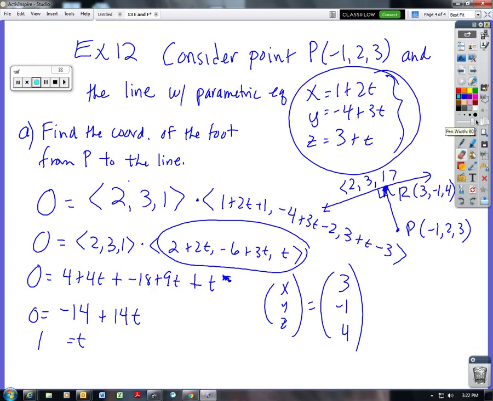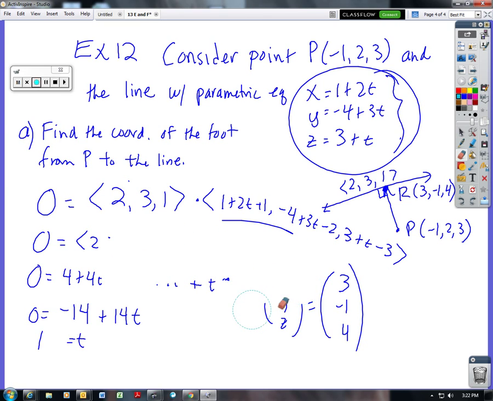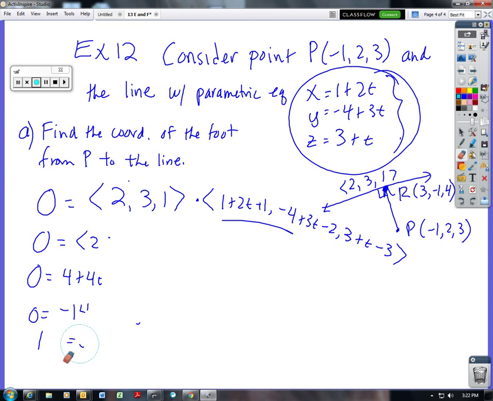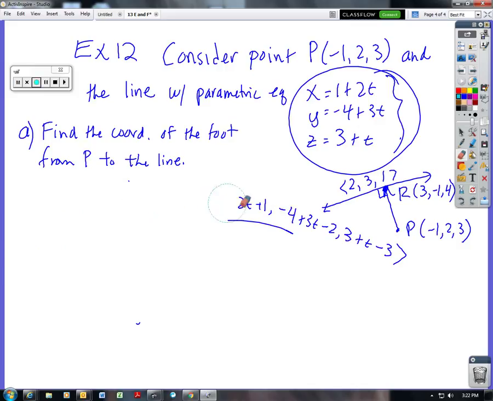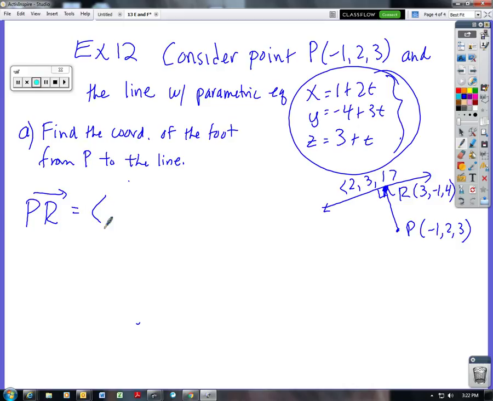So let's erase a little bit now. I'll do it the vector way since we're learning about vectors. So the vector way is to find vector PR, which we get from doing terminal minus initial. So 3 minus -1, -1 minus 2, and 4 minus 3.